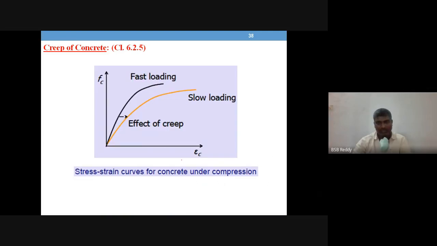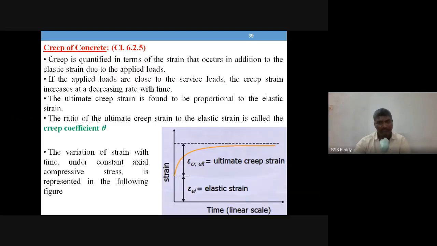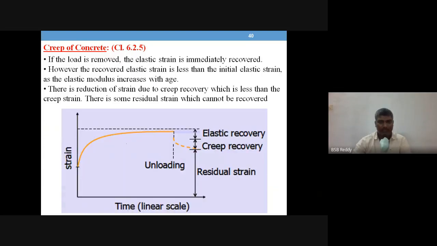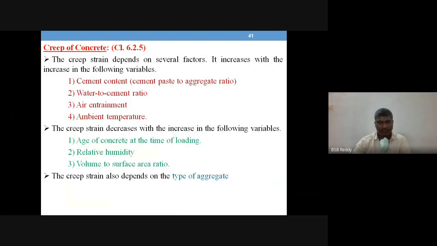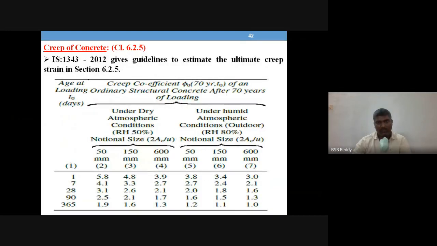Also, we have seen the rate of loading and how it creates creep, and we have defined the creep coefficient, which is nothing but the ratio of ultimate creep strain to the elastic strain. Those values we have even tabulated for an estimated life period of 70 years.